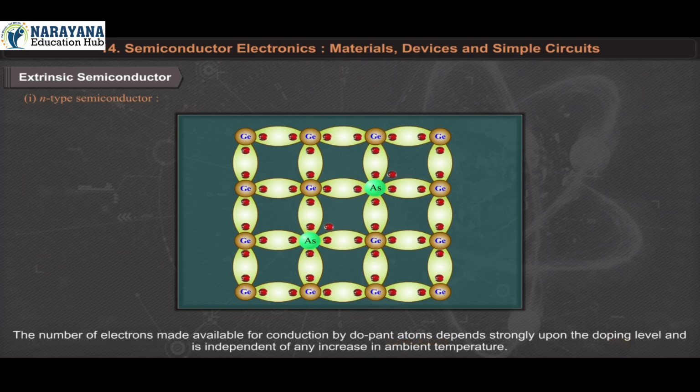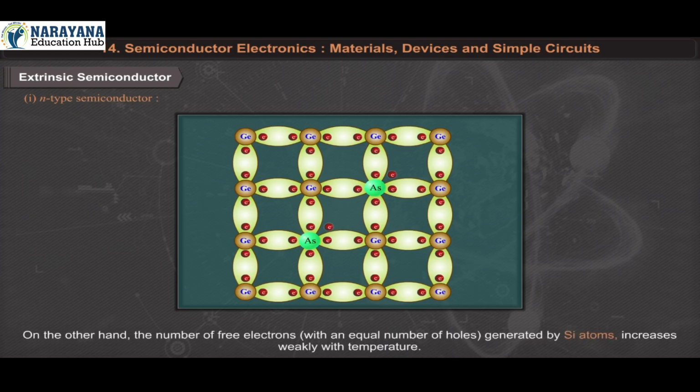The number of electrons made available for conduction by dopant atoms depends strongly upon the doping level and is independent of any increase in ambient temperature. On the other hand, the number of free electrons, with an equal number of holes, generated by silicon atoms increases weakly with temperature.